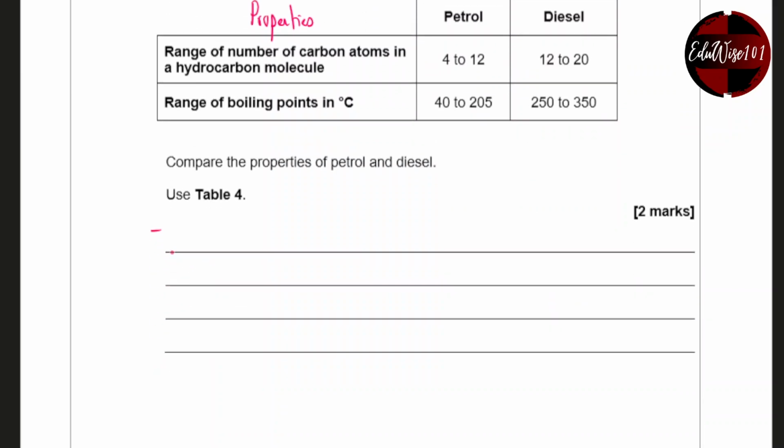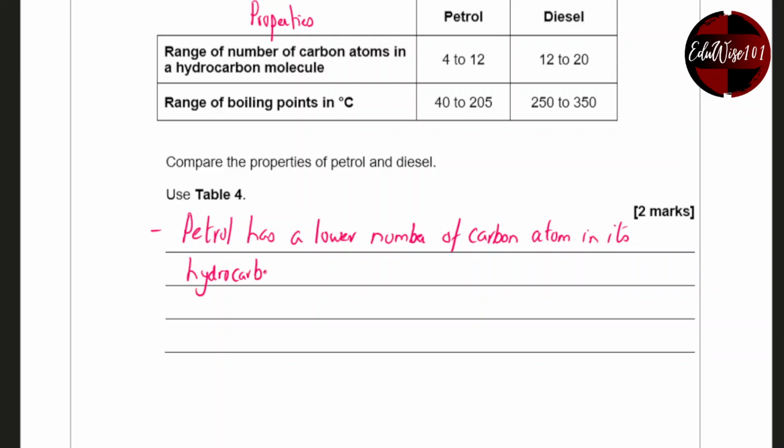We could say, petrol has a lower number of carbon atoms in its hydrocarbon molecule than diesel.